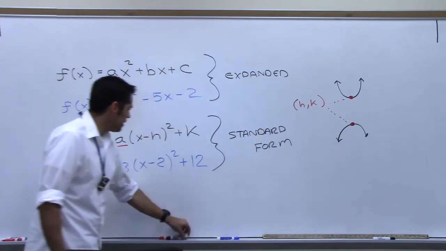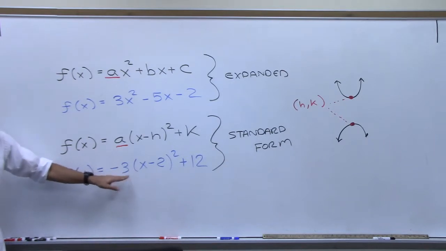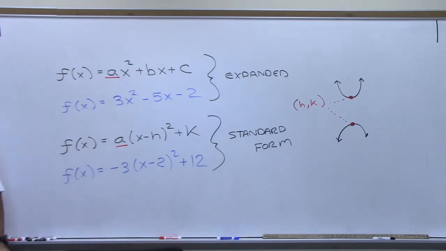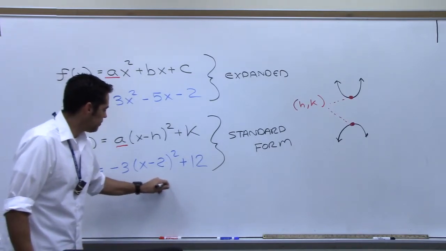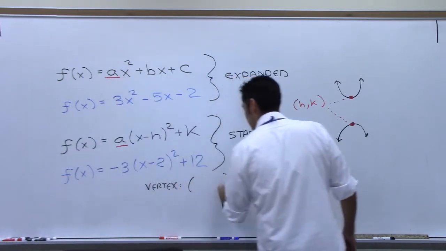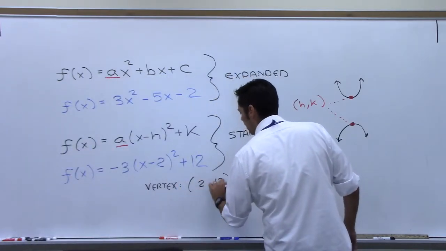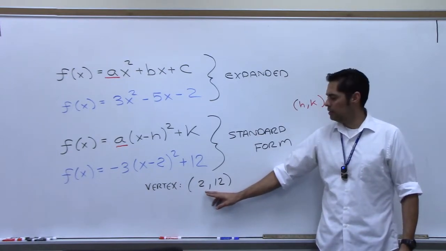So if I look back at this example, can you tell me what the vertex of this parabola is just by looking? What is the vertex of this one? I've heard 2, 12, and I heard negative 2, 12. So what is it? That's right.